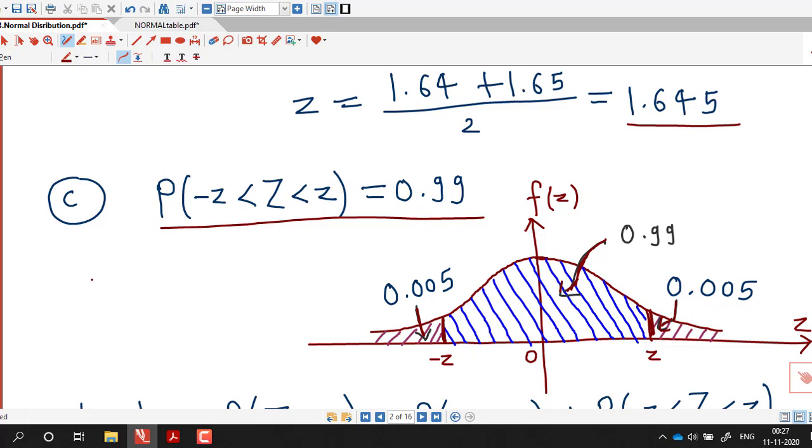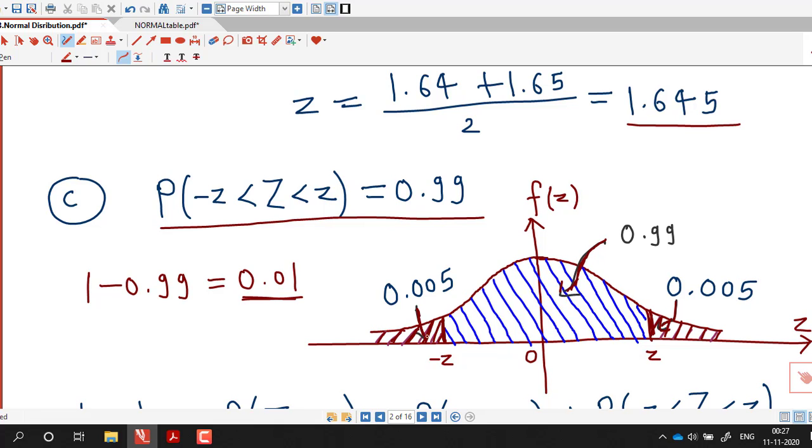So the remaining area is 1 minus 0.99, that is 0.01. Now the remaining area is nothing but the sum of these two areas. The sum of these two areas will be equal to 0.01, and by the symmetry of the normal curve, these two areas have the same value.